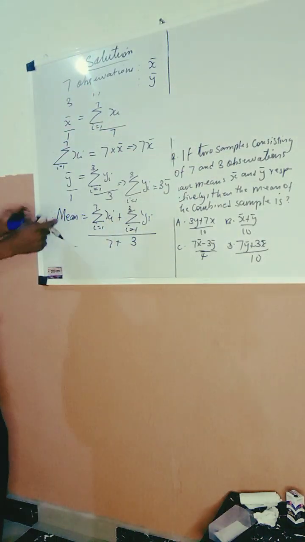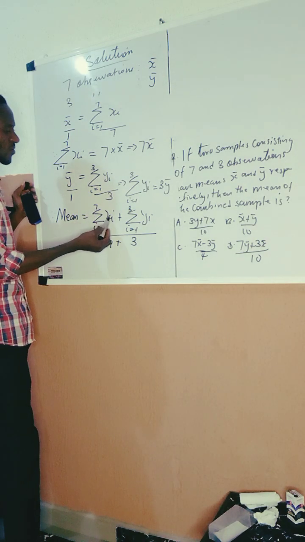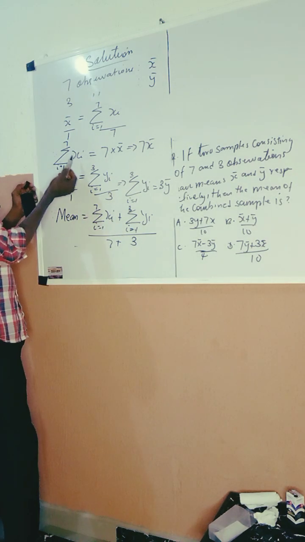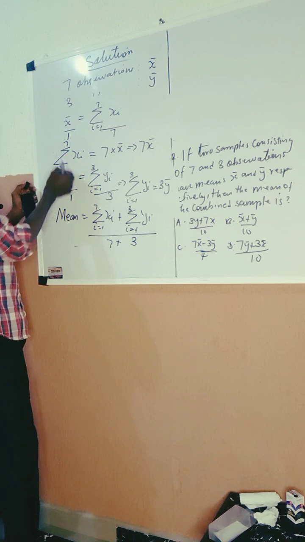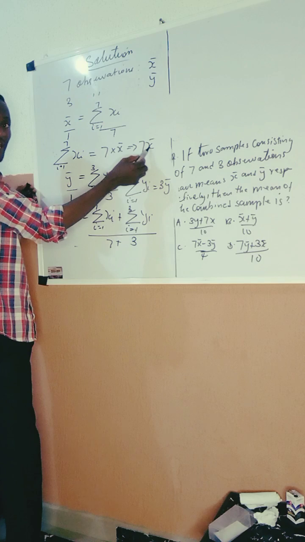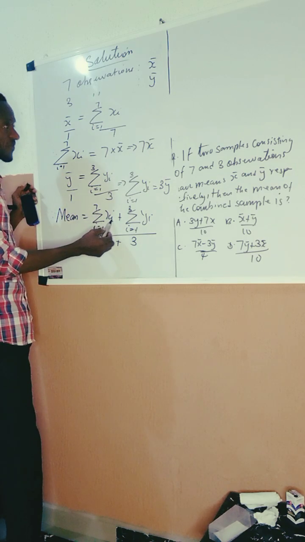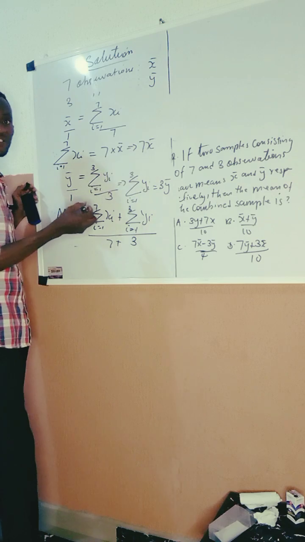So I'll come over here. Then, of course, we know that what we have here is summation i runs from 1 to 7 of xi, and we have been told that this is given as 7x bar. So in place of this summation i runs from 1 to 7 of xi, I can write 7x bar.